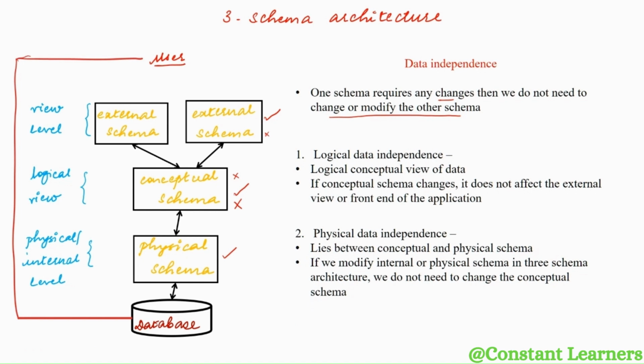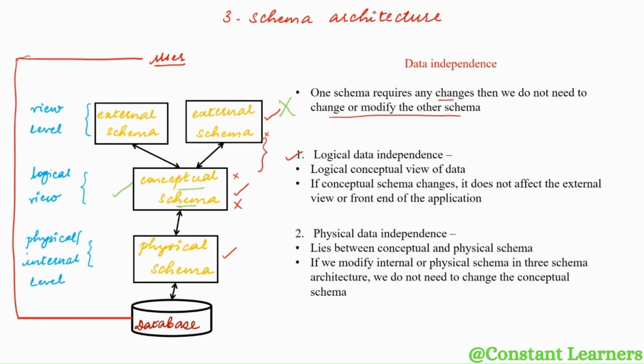Now, there are two types of data independence. The first one is the logical data independence. The logical data independence lies between external schema and conceptual schema. This is also known as the logical conceptual view of data. So, what does logical data independence say? It says that if we wish to change the conceptual schema, we do not necessarily have to change the front end or the user application.